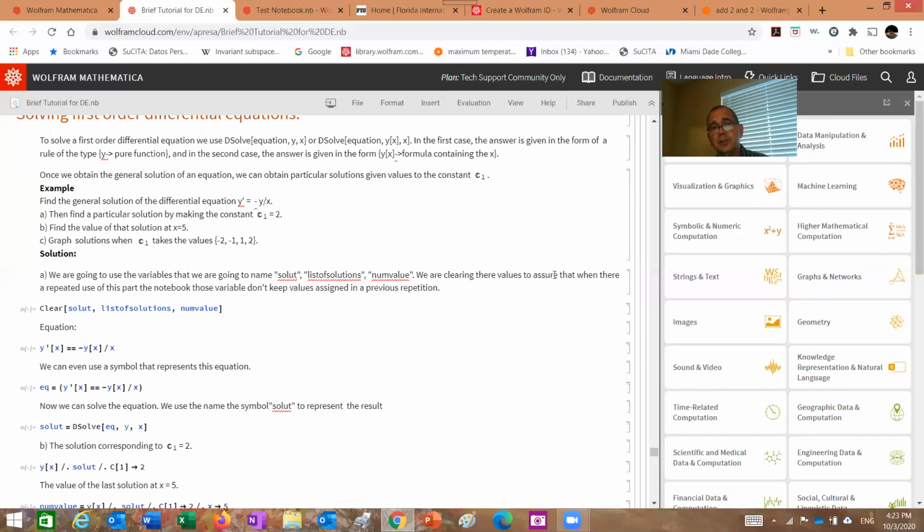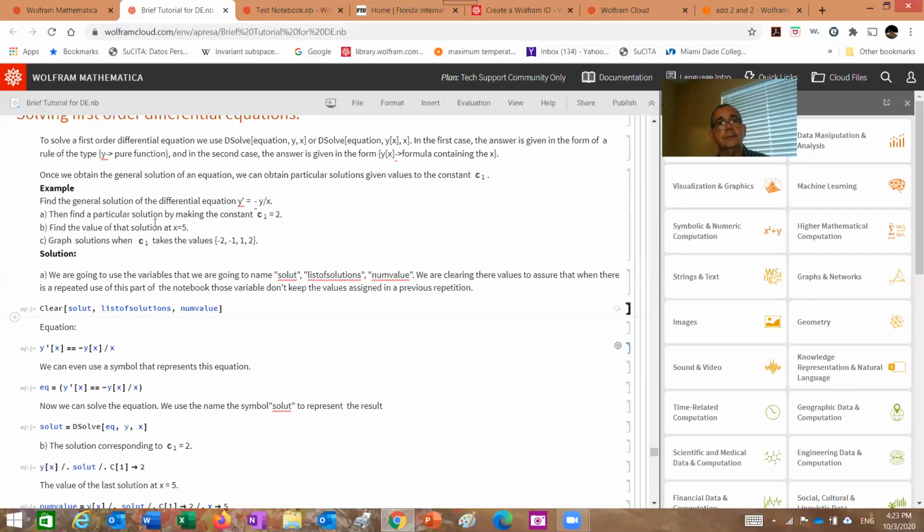We are clearing these values to assure that when there is a repeated use of this part of the notebook, those variables don't keep the values assigned in previous repetitions. And then here, we're going to clear this variable, this one, and this one. So let's press Shift Enter.